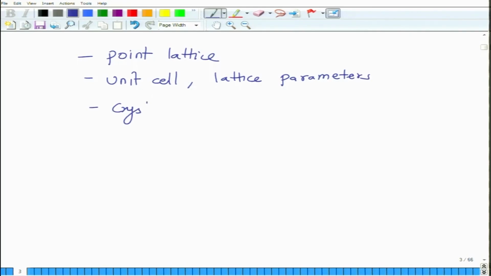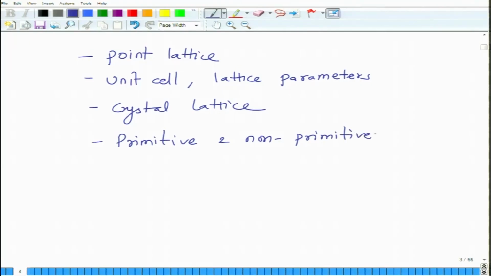You can make a crystal lattice by replacing points with atoms or group of atoms, and then we talked about primitive and unit cell.